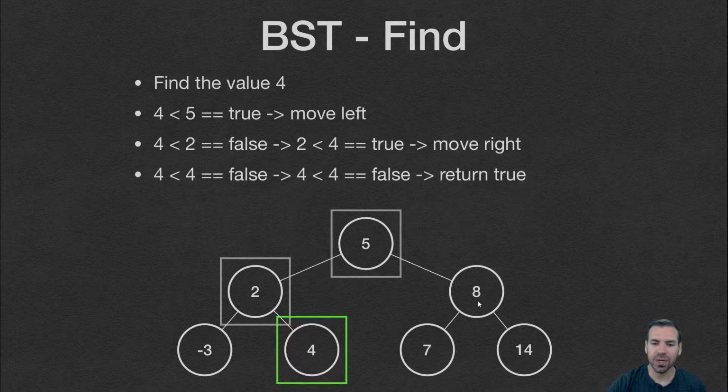We checked 3 nodes to be able to find if 6 is in this tree. Only 3 of the 7 nodes did we check. Same with 4. We only checked 3 of the 7 nodes. We eliminated all these with 1 check. And we eliminated this one with 1 check. And in the last check, we found what we were looking for.